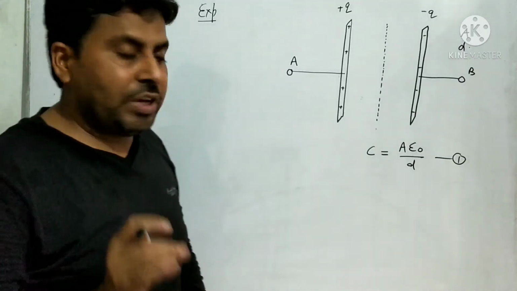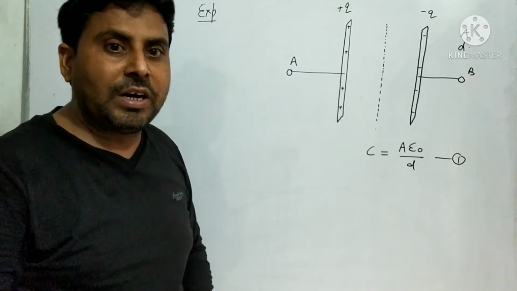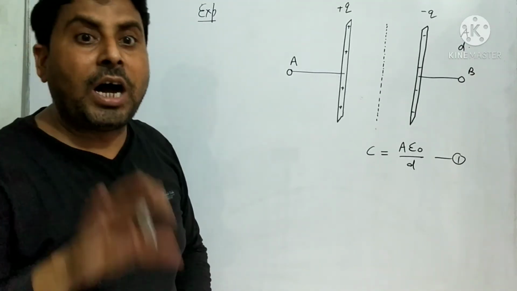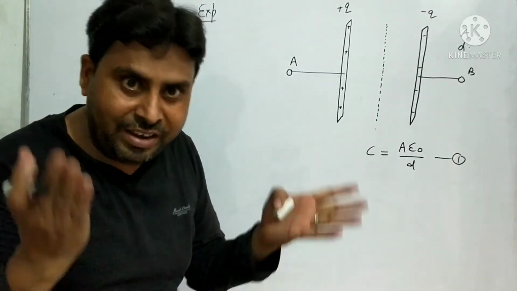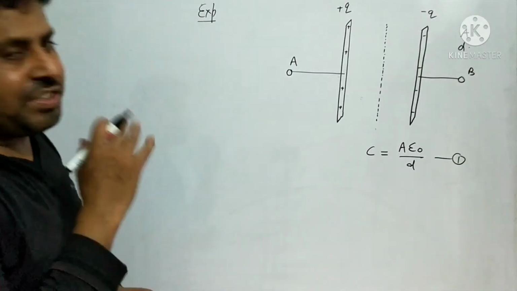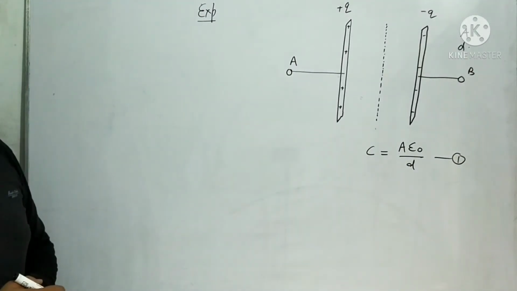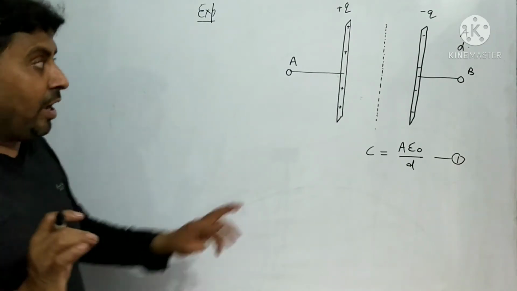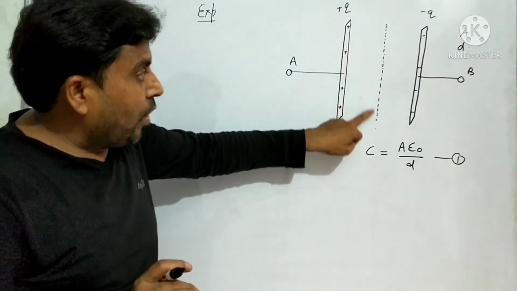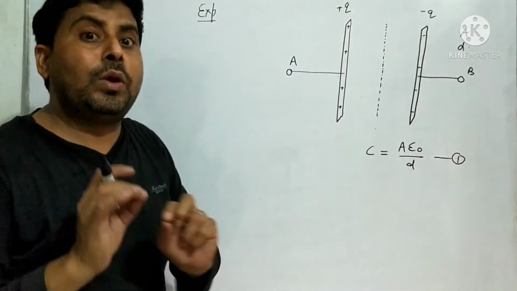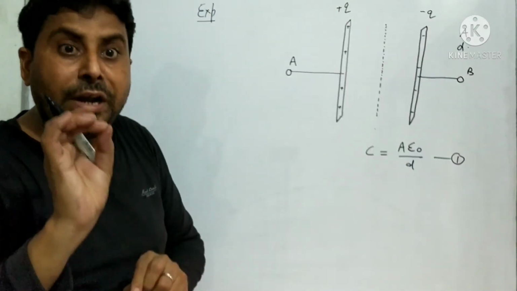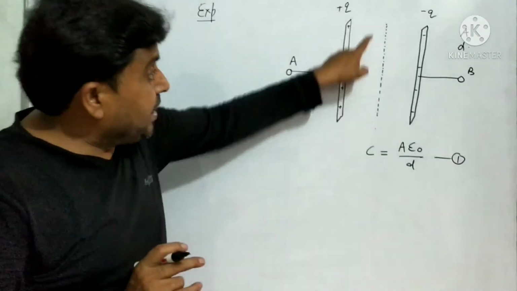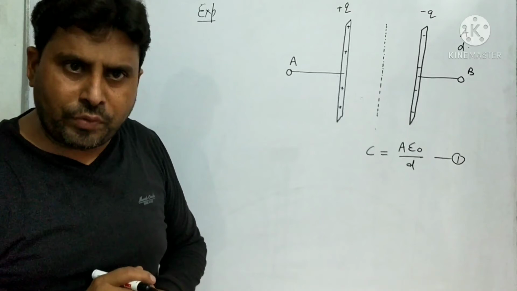So how will the capacitance vary? Is the question clear? An aluminum foil of negligible thickness is inserted between the plates of the capacitor.